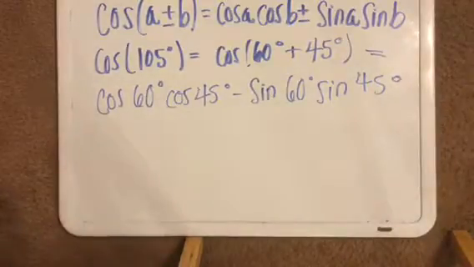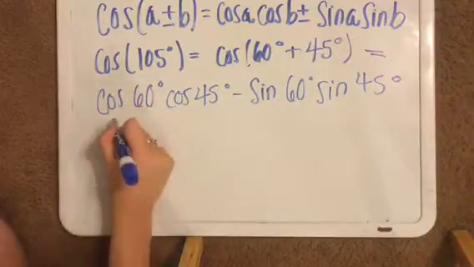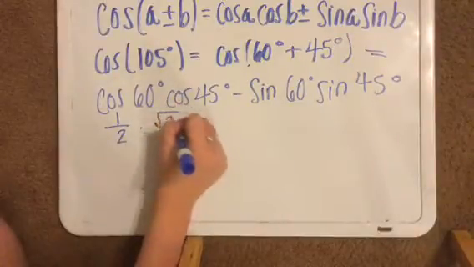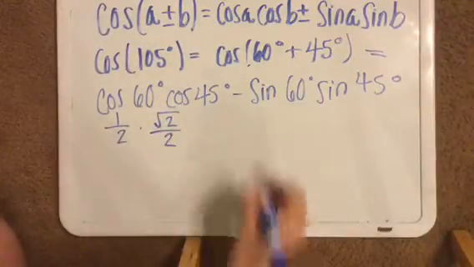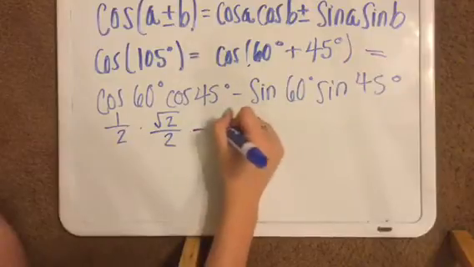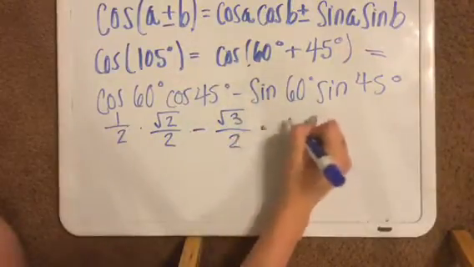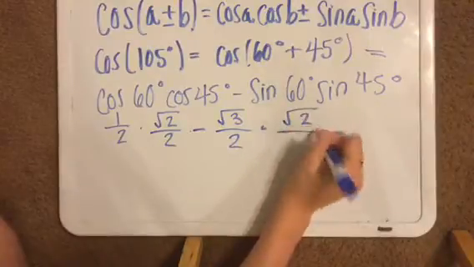You will then locate the values on the unit circle and find what they are equal to. And we will get 1/2 times square root of 2 over 2 minus square root of 3 over 2 times the square root of 2 over 2.